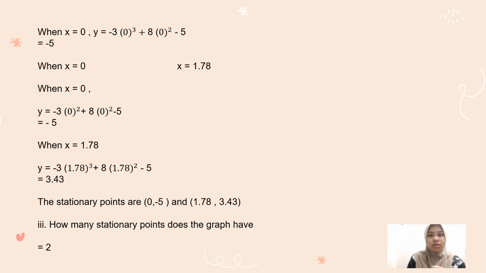When x equals 1.78, y equals negative 3(1.78)^3 plus 8(1.78)^2 minus 5, which equals 3.43. The stationary points are (0, negative 5) and (1.78, 3.43). So the graph has 2 stationary points.